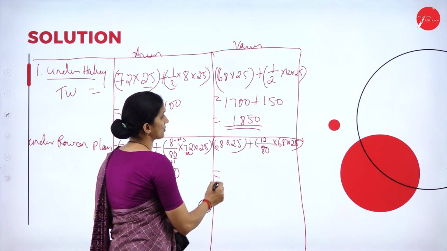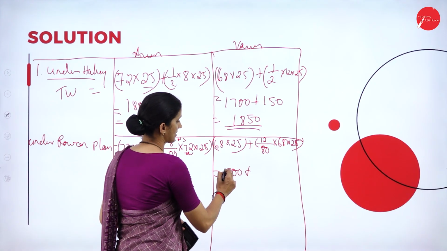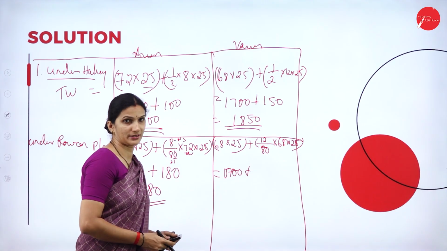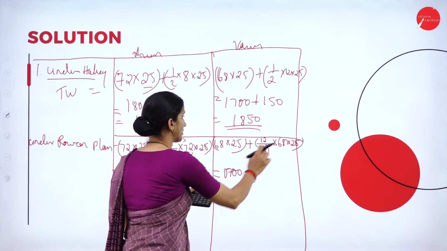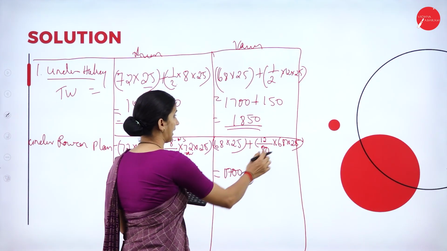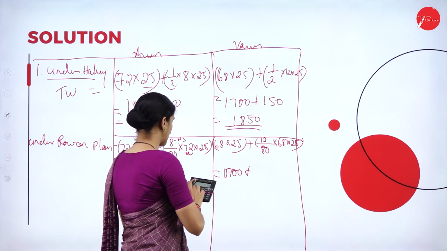So 68 into 25 is 1700 plus the bonus, which you have to calculate: 12 time saved into 68 into 25 divided by 80.